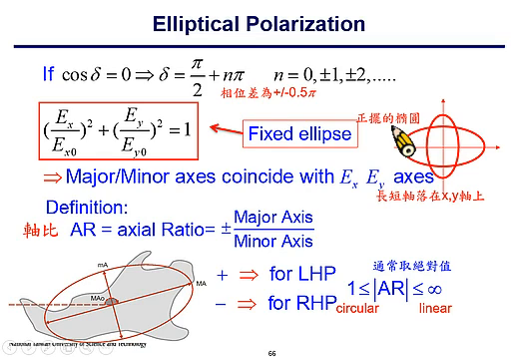If the axial ratio is too large, which means the major axis is much larger than the minor axis, then it approaches what? Linear polarization. For linear polarization, you have only the major axis term and 0 minor axis term. So for linear polarization, the axial ratio is infinity.